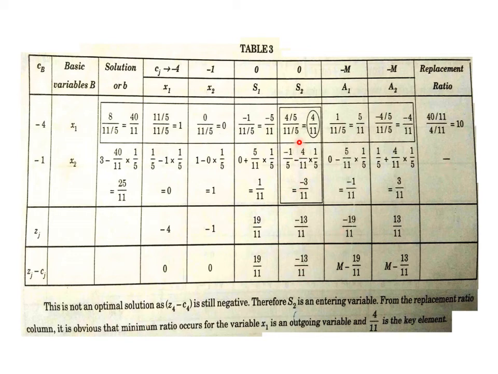Because for that, entering of S2, the value minus 3 upon 11 is negative, and we know 0 or negative values in any column don't permit a replacement ratio, so it's dash for that part, and 10, so only one value is minimum, so key row and key element are selected. And finally, as per the discussion of many tables like this, here it is decided that x1 will be the outgoing one. So x1 will be the outgoing variable, and in its place S2 will come inside in the next table, next slide.